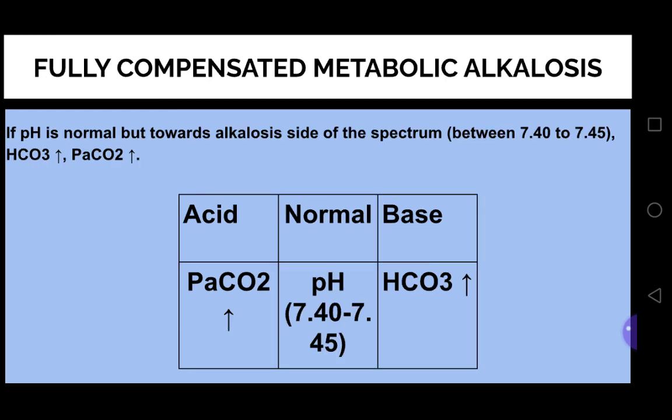And in this slide, you can see fully compensated metabolic alkalosis. In this case, pH has become normal, but its tendency is towards the alkalosis side of the spectrum, between 7.4 to 7.45. So this is fully compensated metabolic alkalosis.